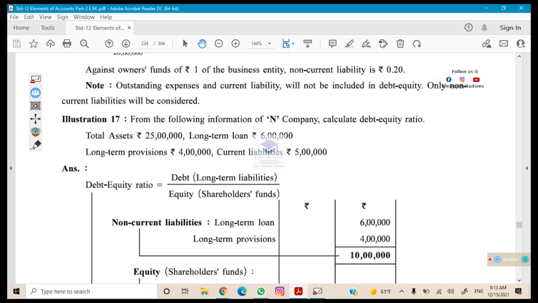Illustration 17. From the following information of N Company Limited, calculate debt equity ratio. Total asset, long-term loan, long-term provision and current liability.